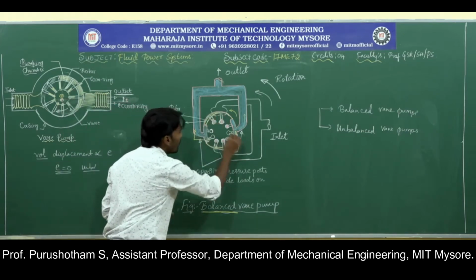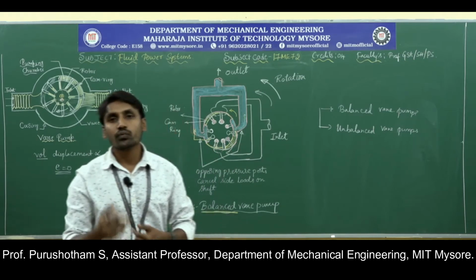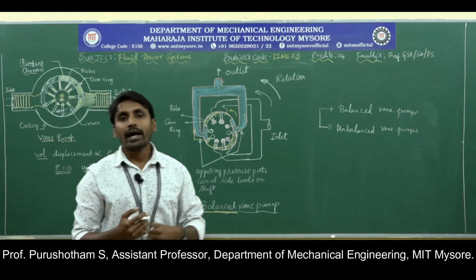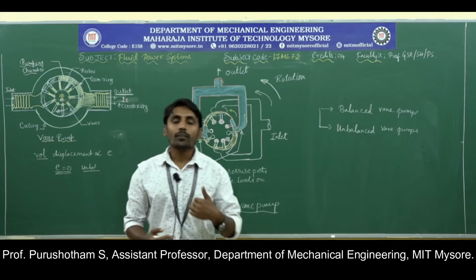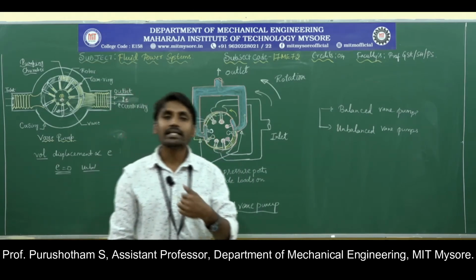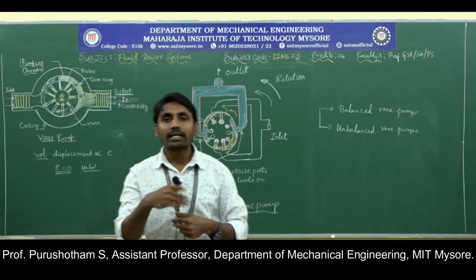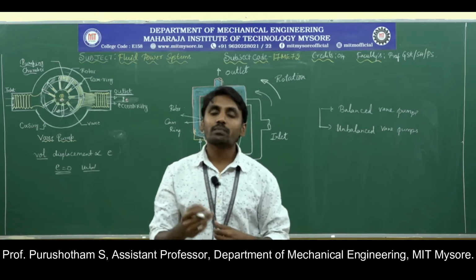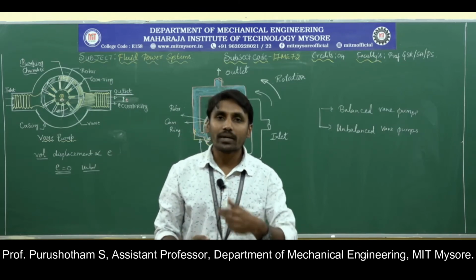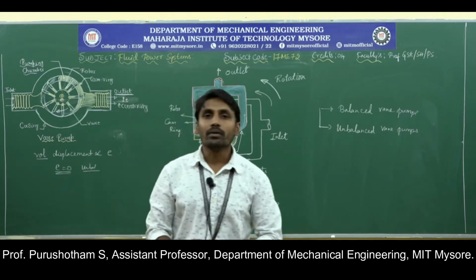Due to these two pumping chambers, we can produce continuous pressurized fluid from this vane pump, due to which we can achieve high operating pressures. One of the main disadvantages of this balanced vane pump is that it cannot be designed for variable displacement capability, so we cannot make a variable displacement pump using a balanced vane pump.